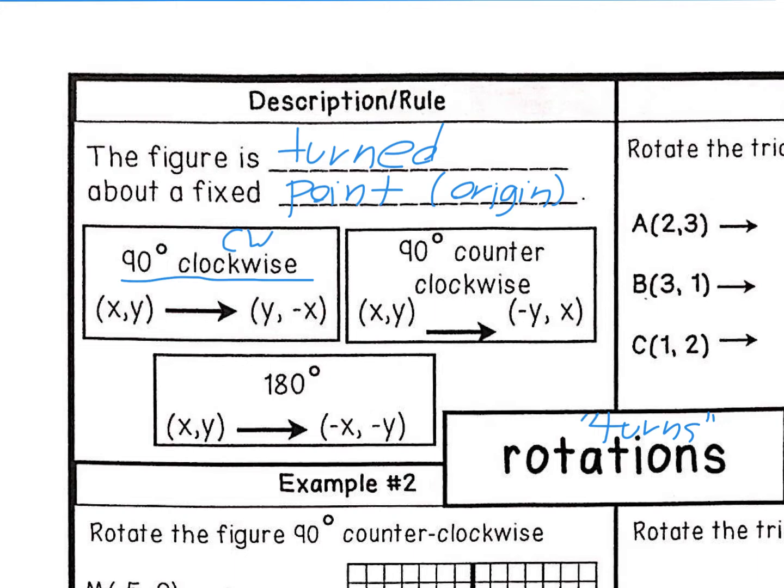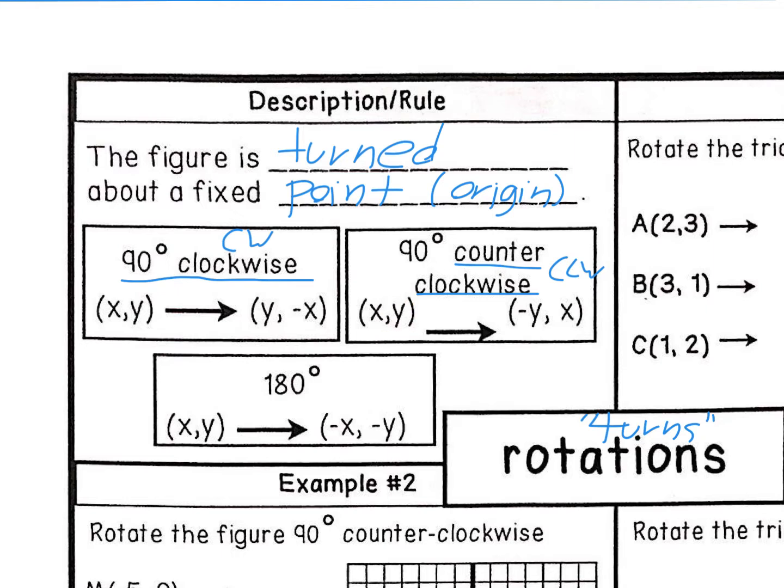We can also do a 90-degree counterclockwise, or CCW, wherein we're going to take our normal coordinates, flip the positions, and make the y negative.